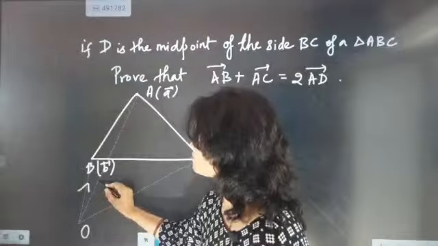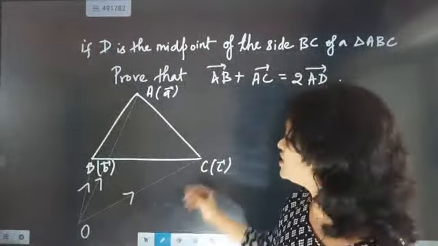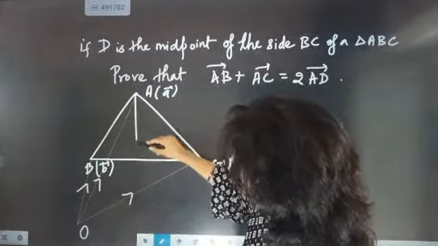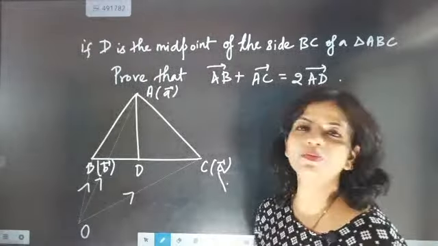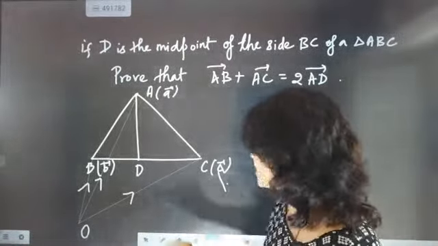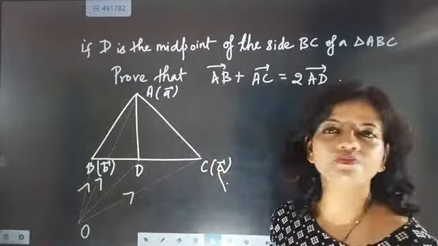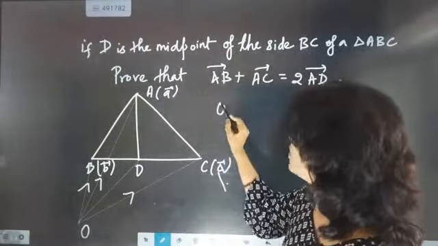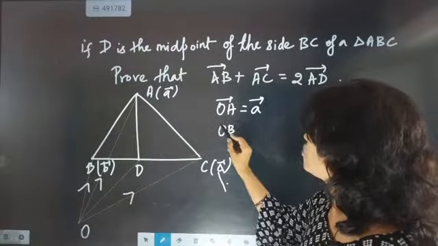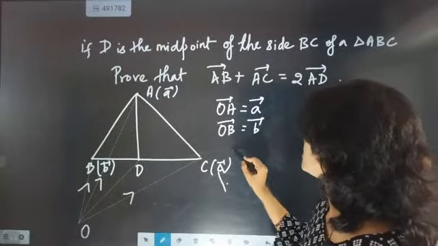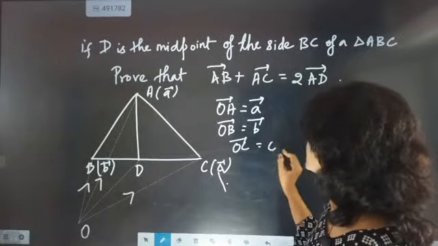Now arrows going up. Now D is the midpoint. So what will be OA vector? OA vector is coming as A vector. OB vector is coming as B vector. OC vector is coming as C vector.